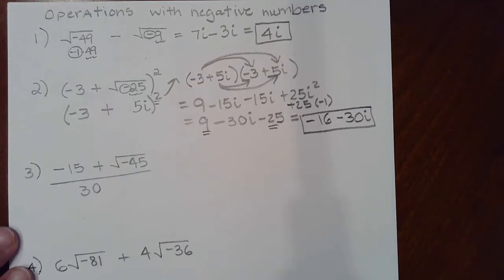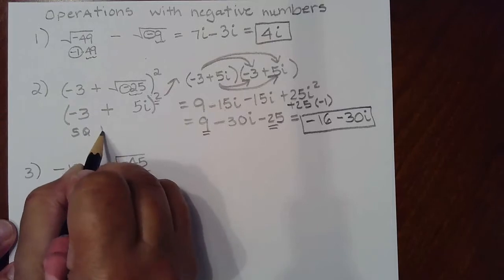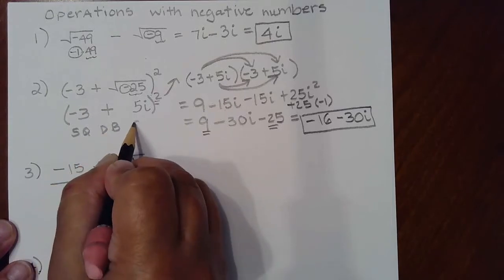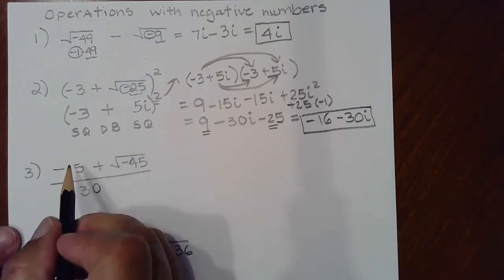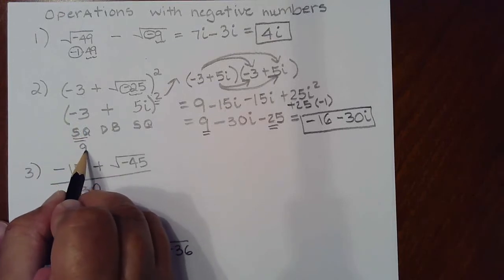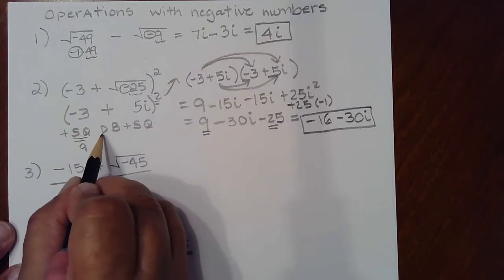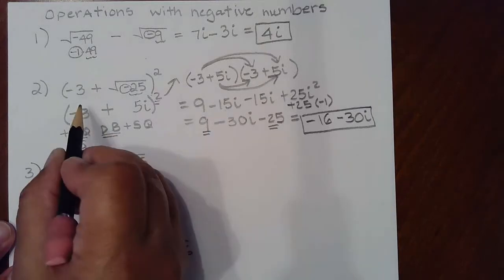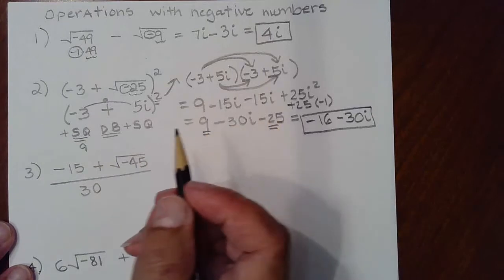The shortcut for this problem is square, double, square. Just want to keep reminding you of these shortcuts. So if you are using this shortcut, you're going to square the front term, which is 9. Keep in mind that whenever you square something, it comes out positive. So this is going to be positive, and so is this. Whereas the middle term, you're going to have to wait and see what sign you get for the product, because that is actually what you're going to double.